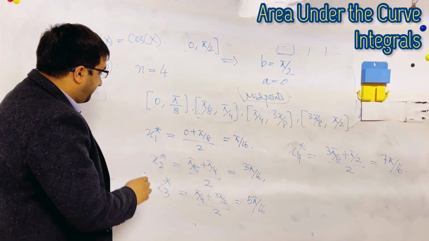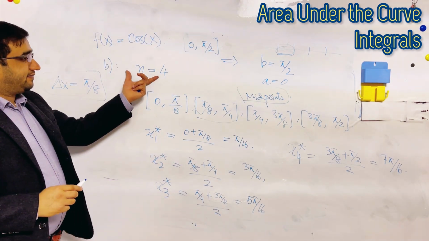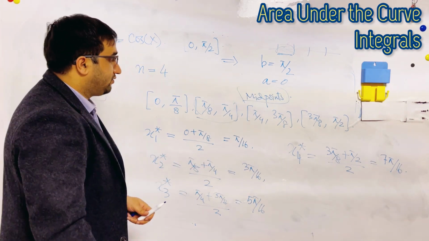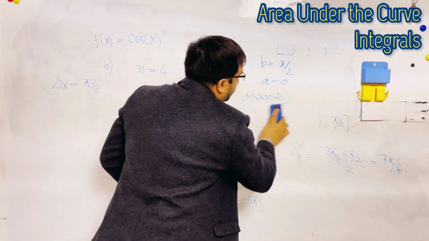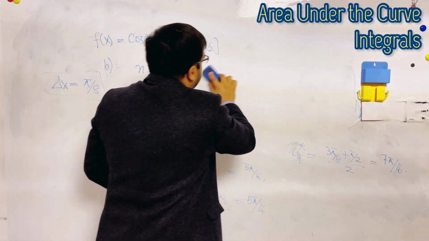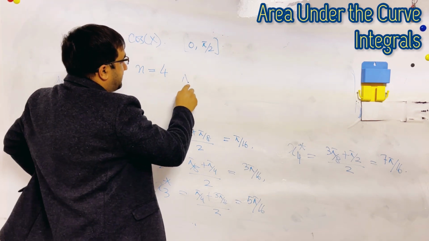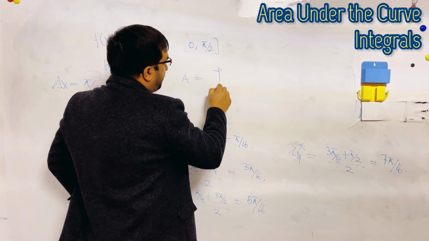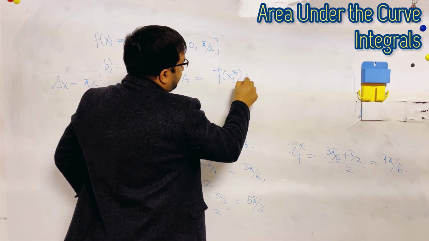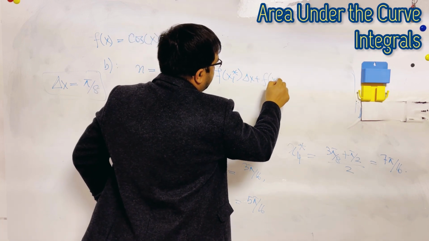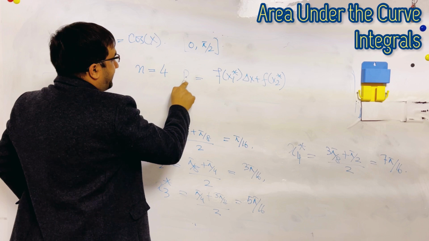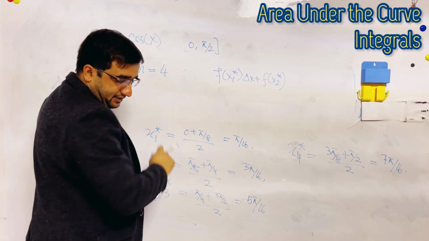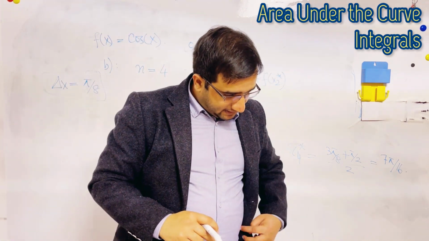Now you have got the midpoints, you have everything: you have the function, you have the delta x. Now you can apply these to the formula. So what was the formula for the midpoint estimation? The formula for the midpoint estimation was area equals f of x1 star delta x plus f of x2 star delta x.